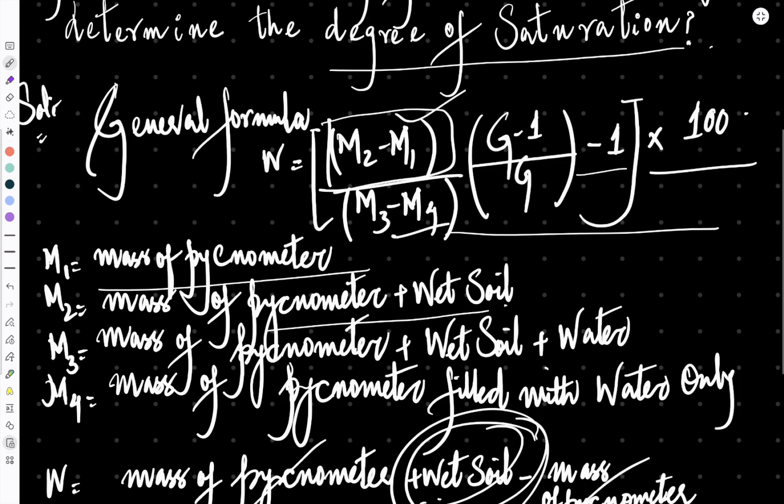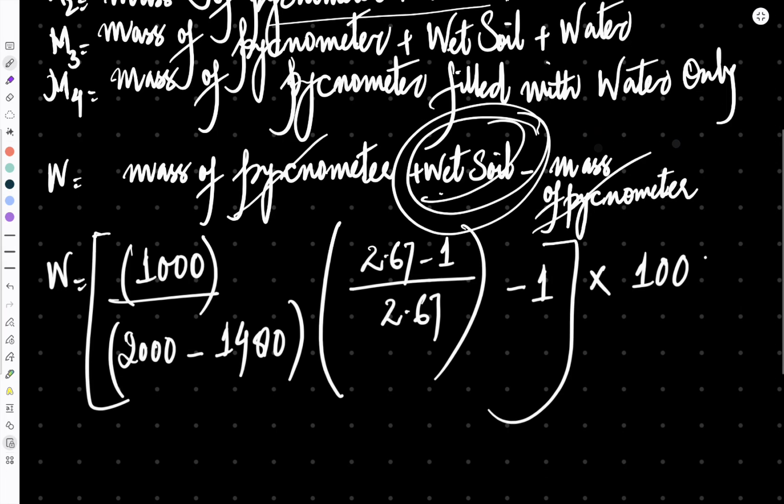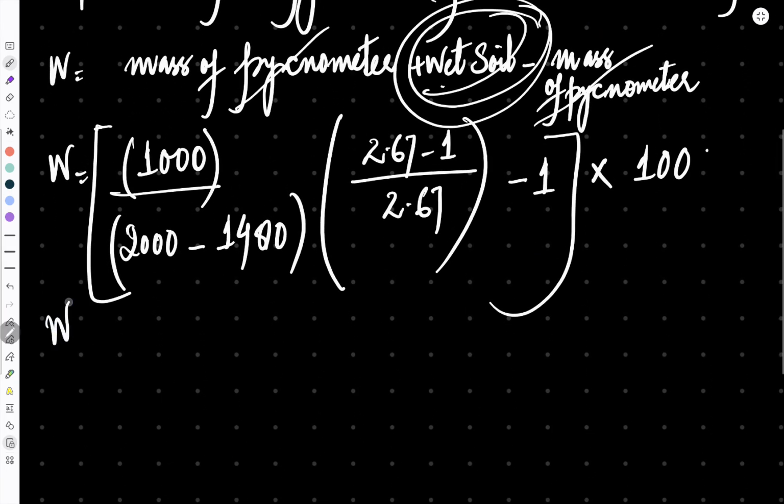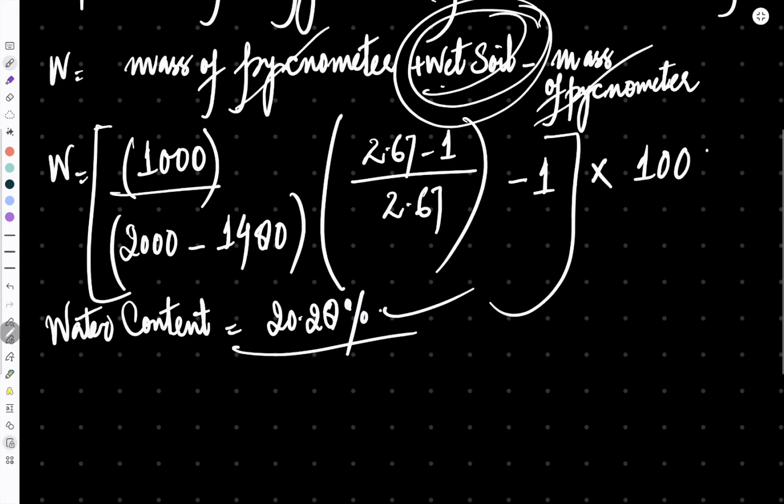The only parameter that must be known to us is the specific gravity of the soil solid particles, that has been given in the question. All right. By calculation, water content is equal to 20.28%. So we have completed part 1 of the question.